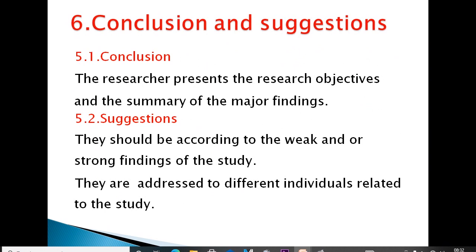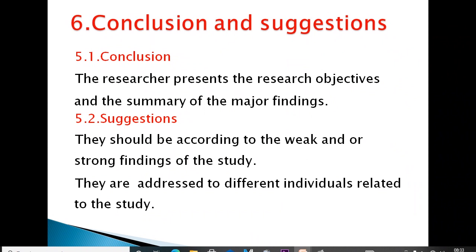Then after data presentation, analysis, interpretation, and discussion, the researcher presents chapter 5 of his dissertation, which is the conclusion and the suggestions. In the conclusion, the researcher presents the research objectives and the summary of the major findings.